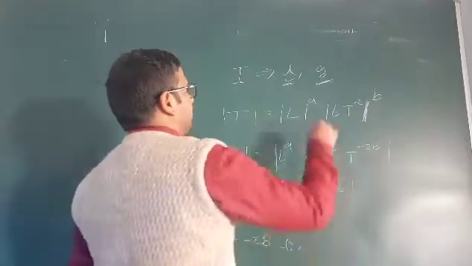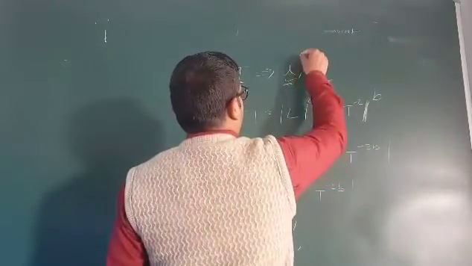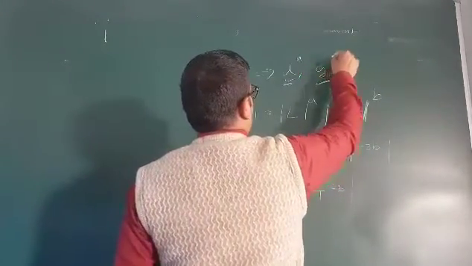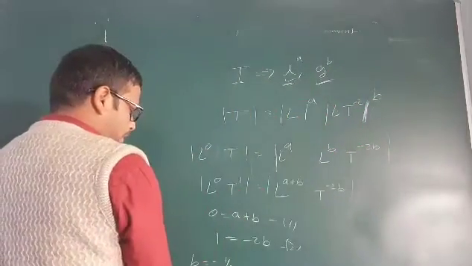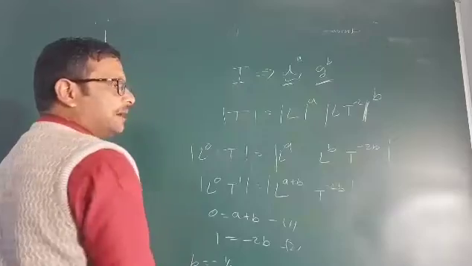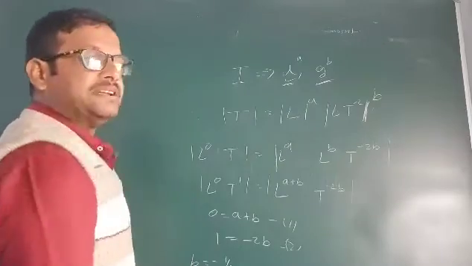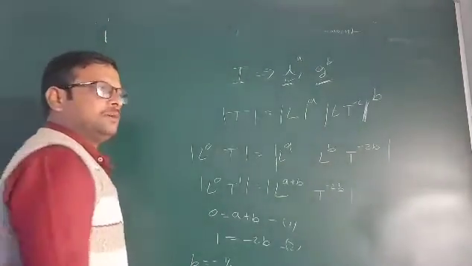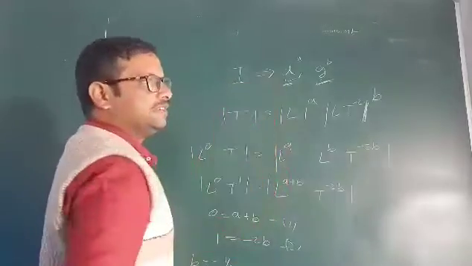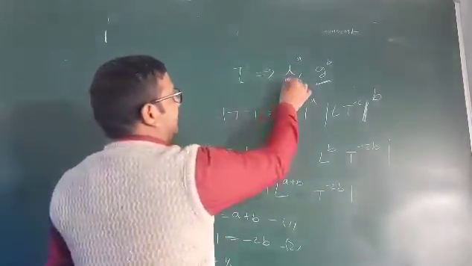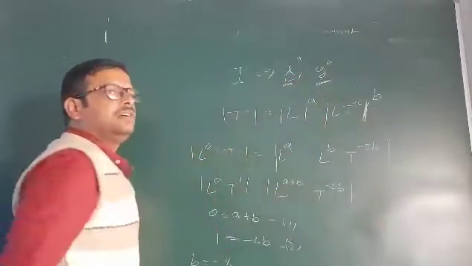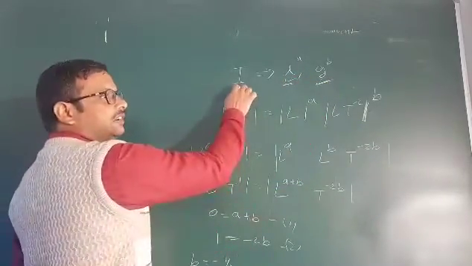So L has power a, g has power b, and you can find the values of a and b here: a is 1 by 2 and b is minus 1 by 2. Now keep these two values in the given equation, and you can find very easily the relation of length and gravitational acceleration with time period T.